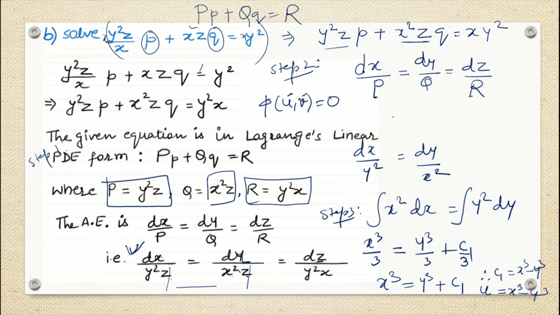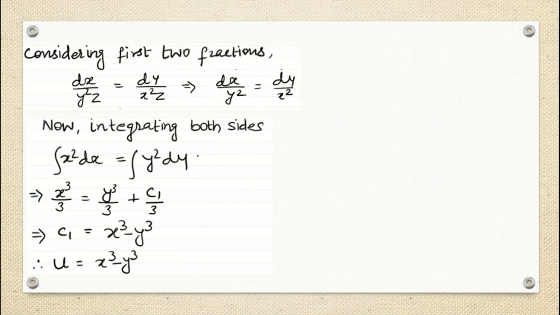But here I cannot cancel x, only one x will get cancelled. So let me try 1 and 3. If I group 1 and 3, this is dx and dz, which means the y term should not be present. Here you can see y square easily cancels out. So it will be dx by z equals dz by x.